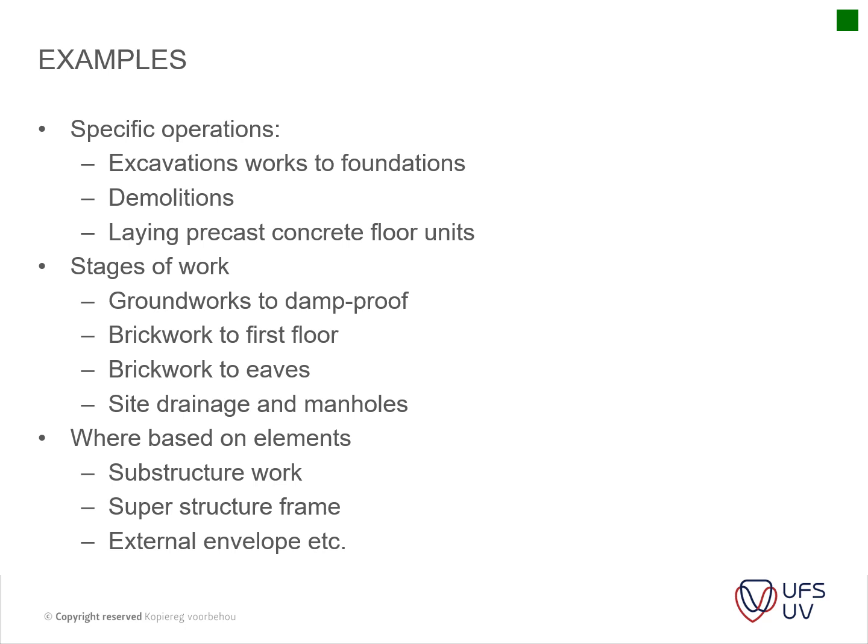Then you've got your stages of work: groundworks to damp-proof, brickwork to first floor, brickwork to eaves, site drainage, and manholes. So this is a bit more like a Gantt chart or your program type of method statements. And then based on elements, you can have your substructure work, superstructure, external envelope.